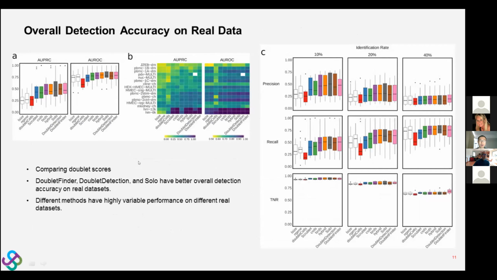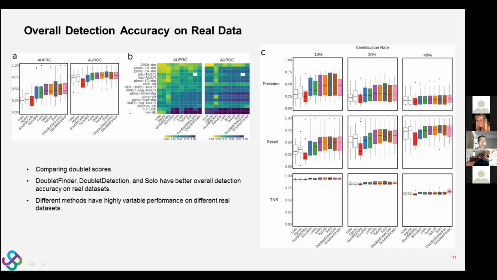First, we benchmark all those methods on these real data sets. We calculate the doublet score, and we calculate the AUPRC and the AUROC on those real data sets. Those two metrics give us the general performance of binary classification, because in this problem we essentially try to differentiate between singlets and doublets.